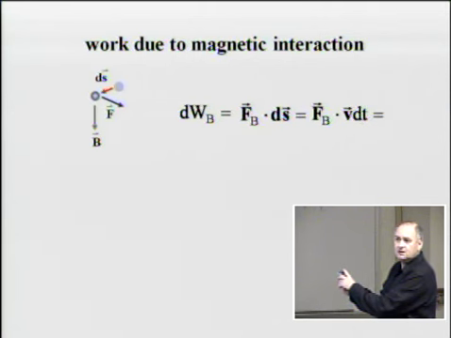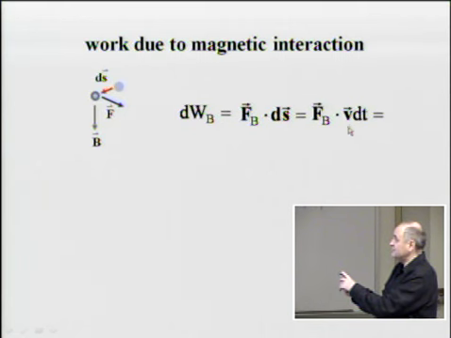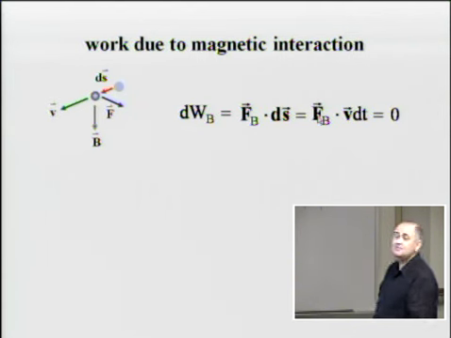From the definition of velocity. This displacement divided by this dt will give me velocity, right? So if I multiply both sides of the definition by dt, I will get this expression. And now I am going to write down explicitly the expression. Oh, no, I'm not going even to do that. I conclude that it's 0. Why?